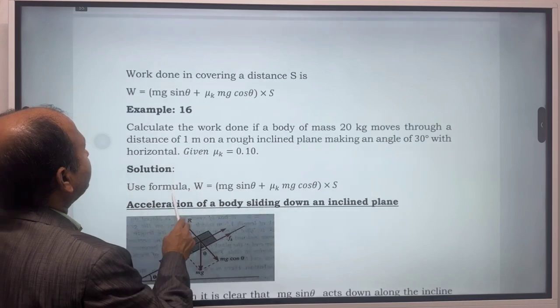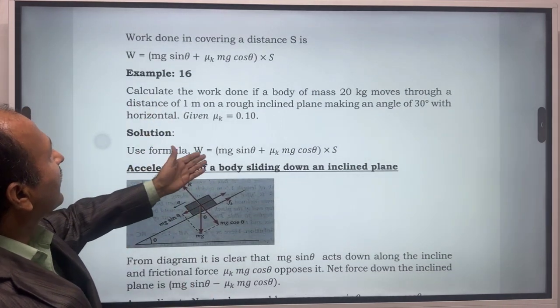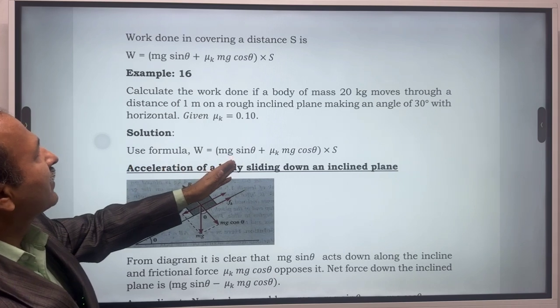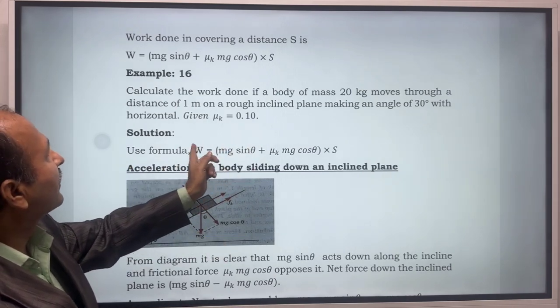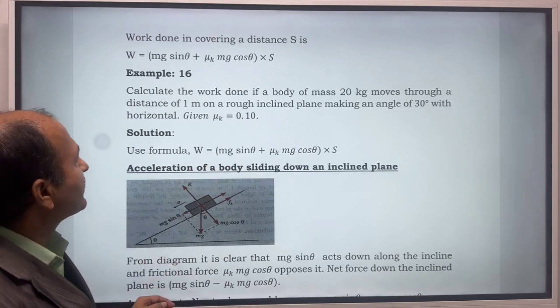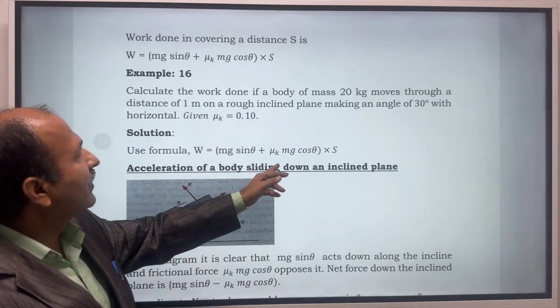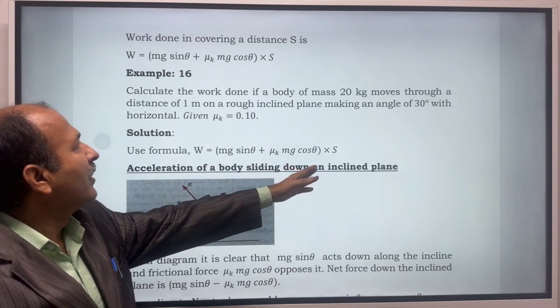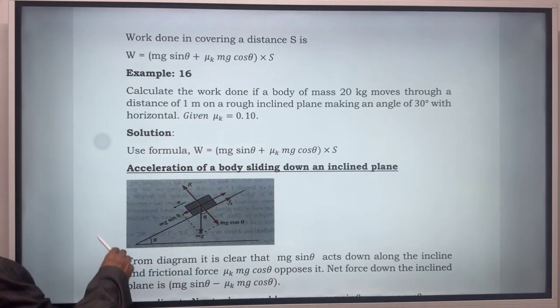So here that concept is to be used. Work done will be mg sin theta plus mu k mg cos theta times distance. Theta is given as 30 degrees, mass is given as 20 kg, and g you can take 9.8 or 10, whichever is easier for your calculation. And mu k is given as 0.1, and then theta you can put, and distance moved is given as 1 meter. You can easily get the work done.